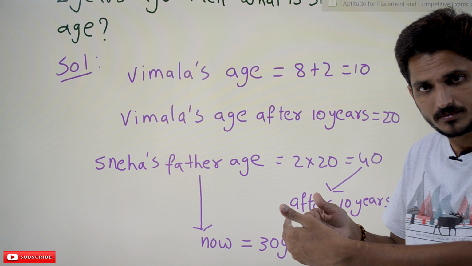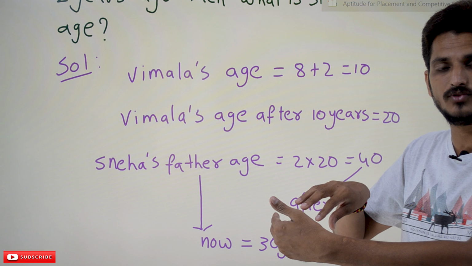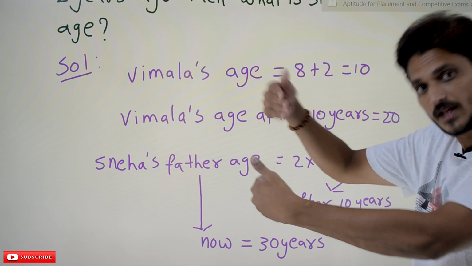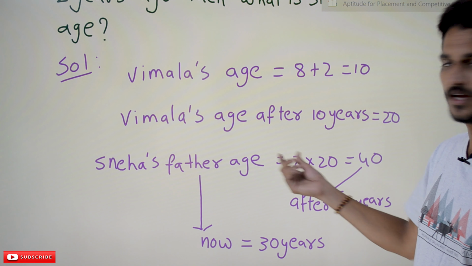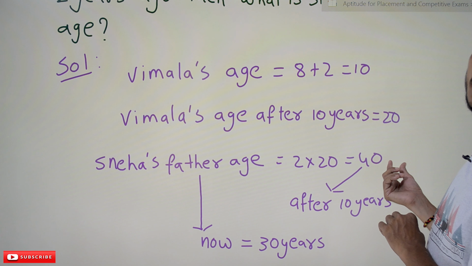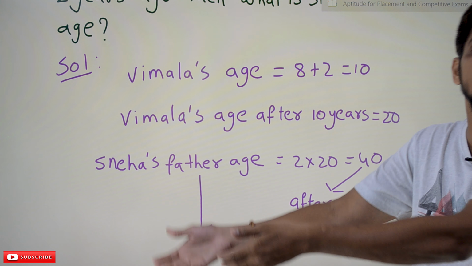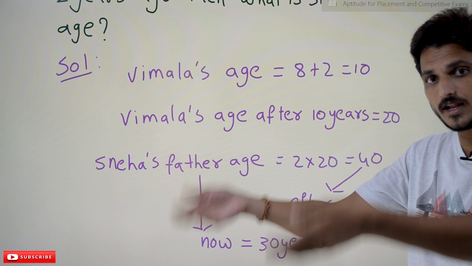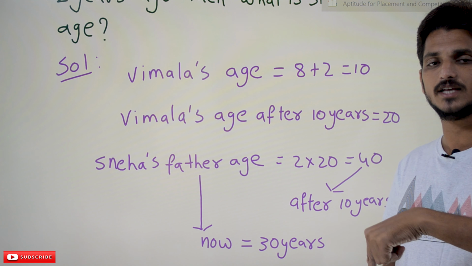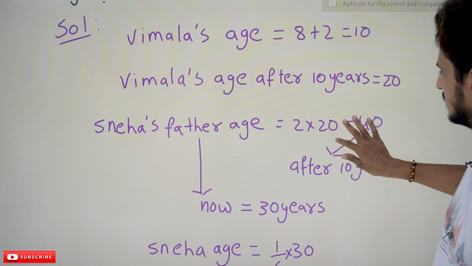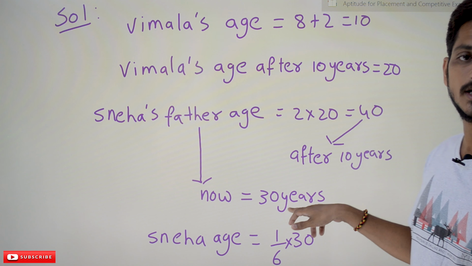At that time, Sneha's father's age will be twice of that, 2 multiplied by 20, which is 40 years after 10 years. Don't forget that after 10 years. So the present age of Sneha's father is now 30 years.